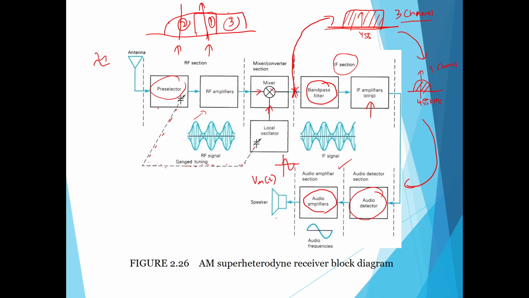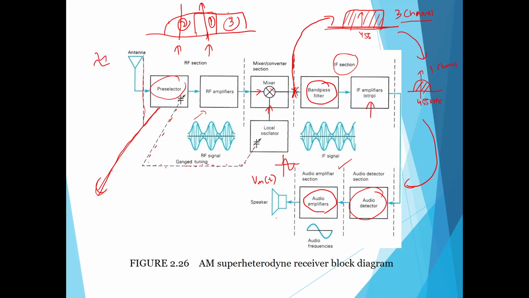Remember in your car or in your radio, when you want to listen to a specific radio station, you are actually tuned to that frequency band. So the tuning frequency is actually the center frequency of the entire bandwidth that you want to choose.